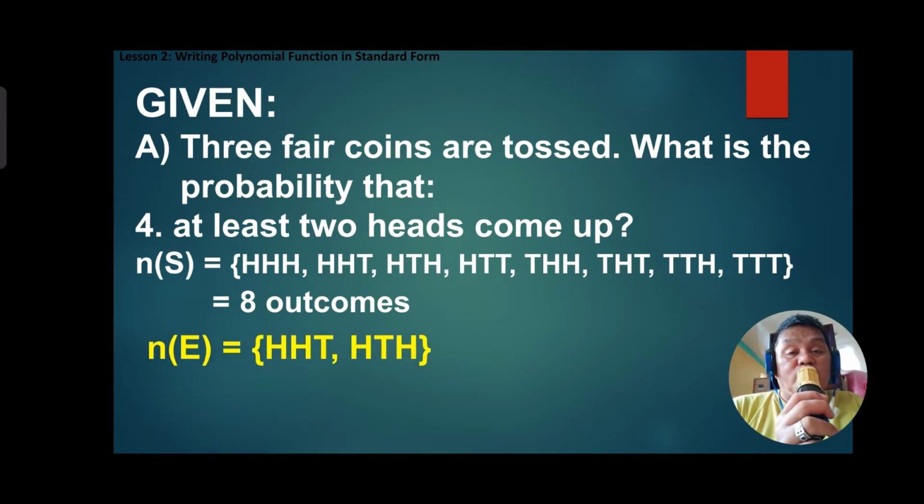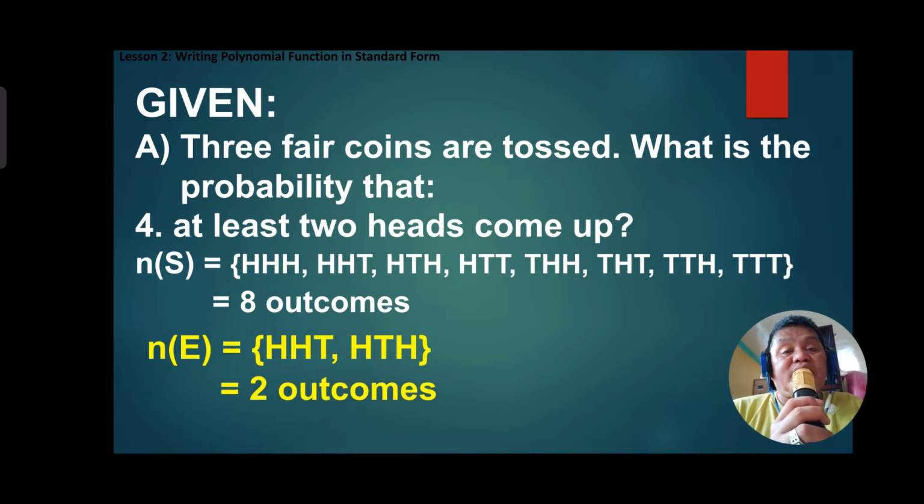So we're going to find the number of outcomes where at least 2 heads come up. We have HHT and we have HTH. So still we have 2 outcomes in the event, which is at least 2 heads come up.